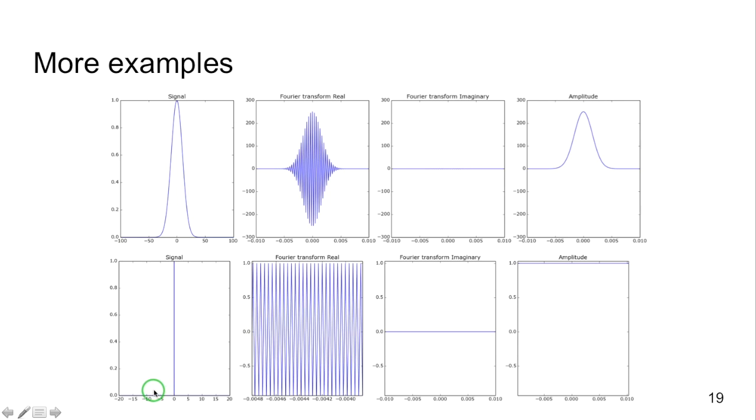If you have a delta function, just a single point above a sea of zeros, that is equivalent to equal frequencies at equal power at every possible frequency. So it's sort of the reverse of a flat line, which would be zero power at all frequencies.